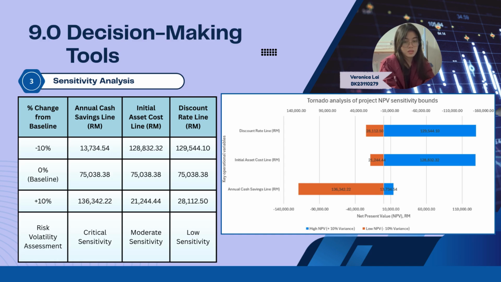However, the sensitivity analysis is a clear warning, which in this case, the strategy comes with significant risk if operational efficiency slips. Therefore, our recommendation is to proceed with in-house production, but management must treat operational control as a top priority. They also need to closely monitor performance, control costs, and protect the project from the volatility we have identified.